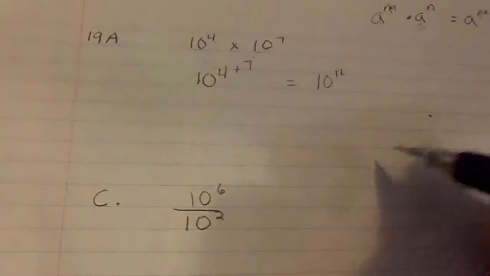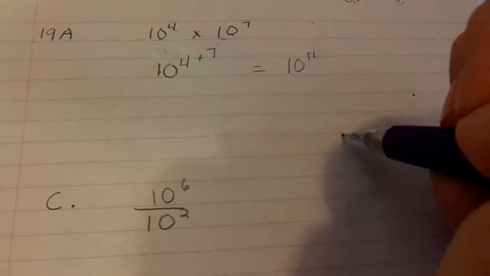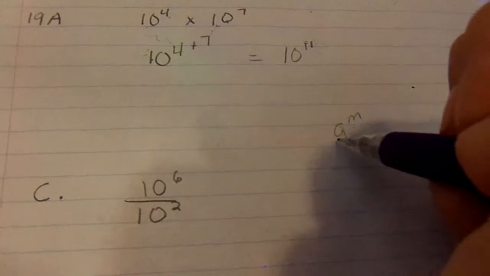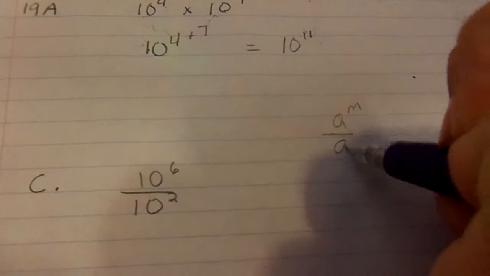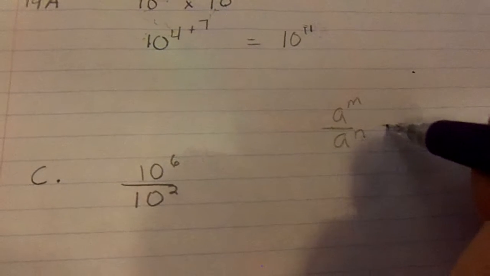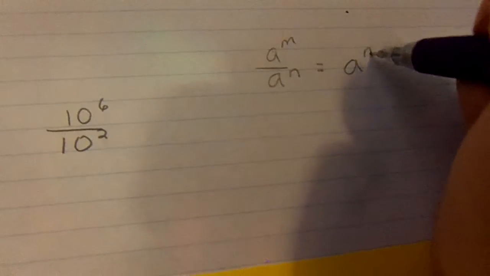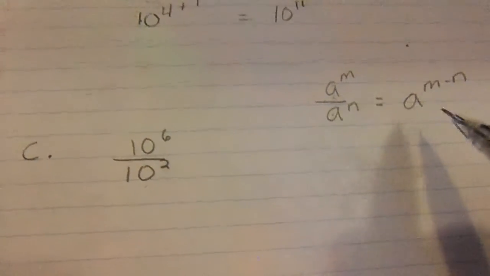Next, it wants us to divide. So there's also a formula for this, which is a to the m over a to the n equals a to the m minus n. Okay, so again, we have two tens, so those are the same, so we can use this formula.